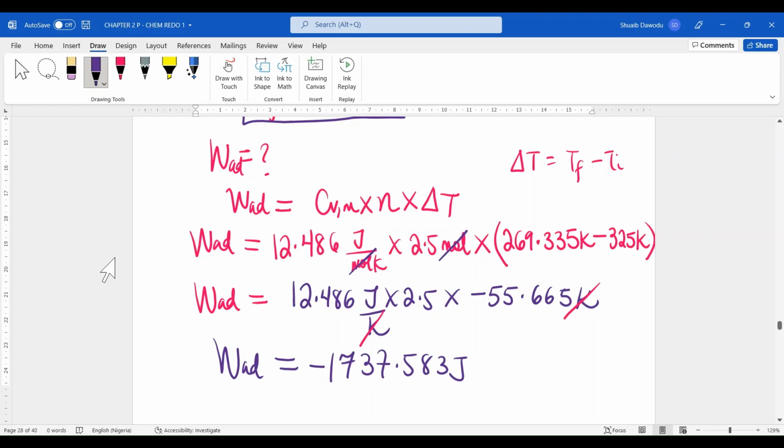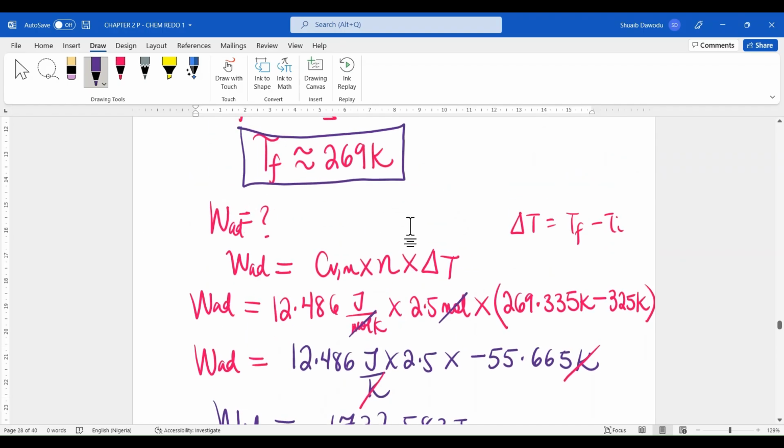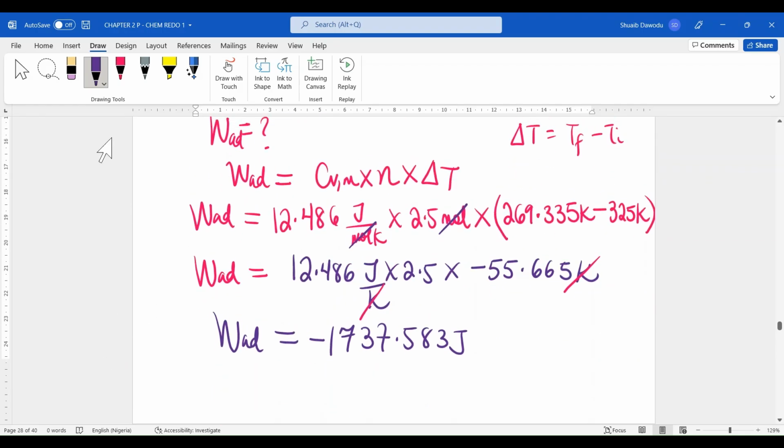Because we are chemists, we have to make sure we put in the proper number of significant figures. So if you look at our work, we see that when we're yielding this calculation, we used 12.486. So this is 5 significant figures. We have this in 2 sig figs, and we have this one normally in 3 sig figs. So we have to put our answer in the lowest number of significant figures, which is 2 sig figs.